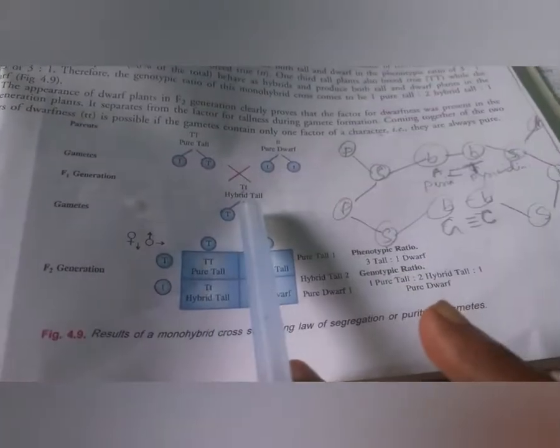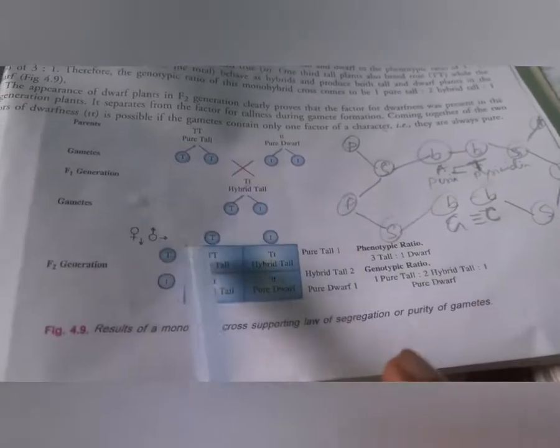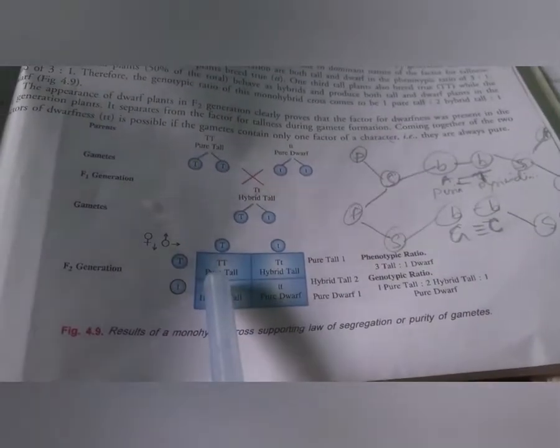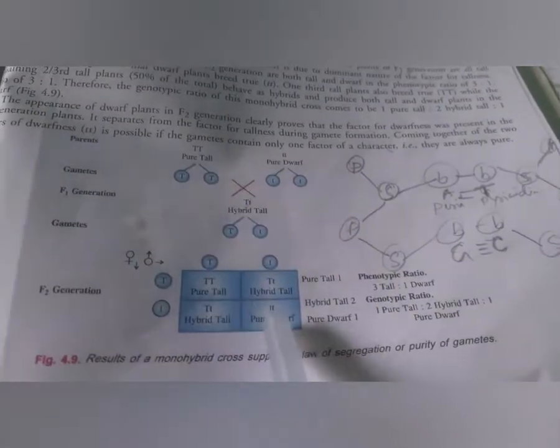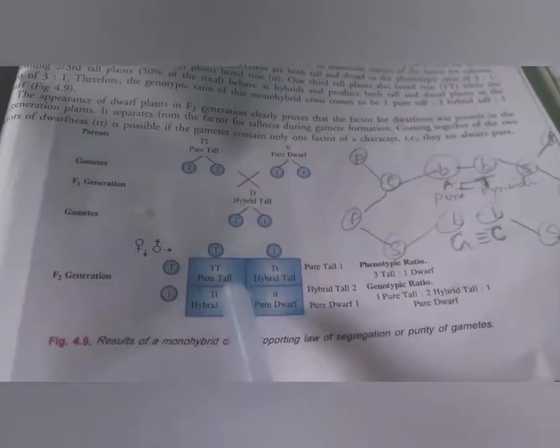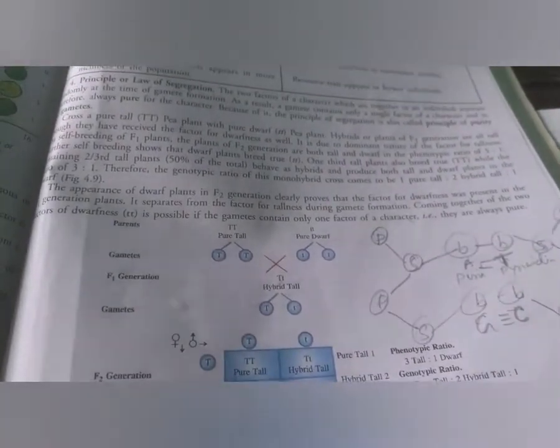In the first filial generation only the dominant character appeared, but in the F2 generation it segregated as TT, Tt and tt, so one is pure breed, and these two are cross breeds. That's why it is also known as the law of purity. So pure characters reappear or segregate in this cross. That's why it is known as the principle or law of segregation.